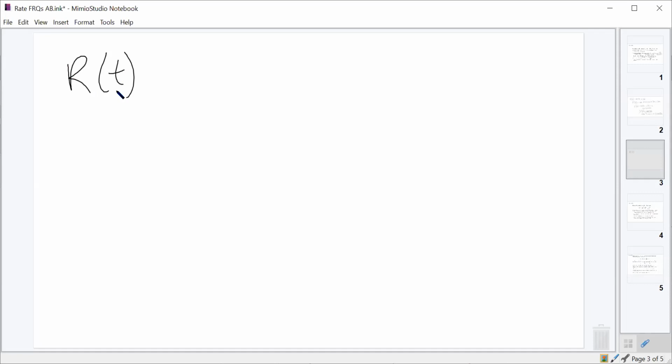So let's call r of t equal to the integral from 0 to t of E of x minus L of x dx. Let's make these a different variable.